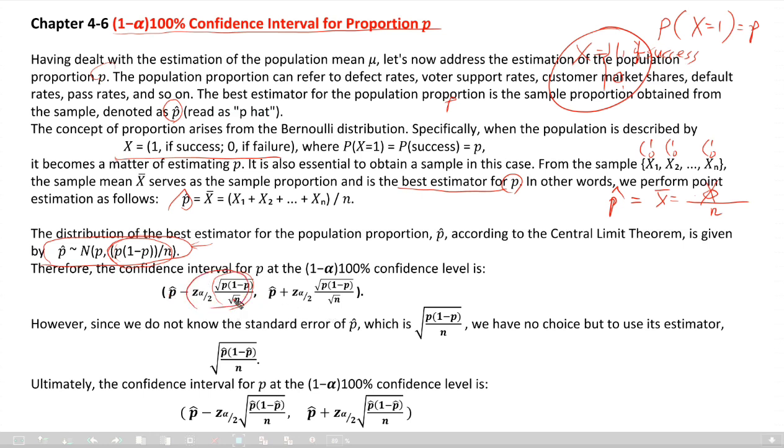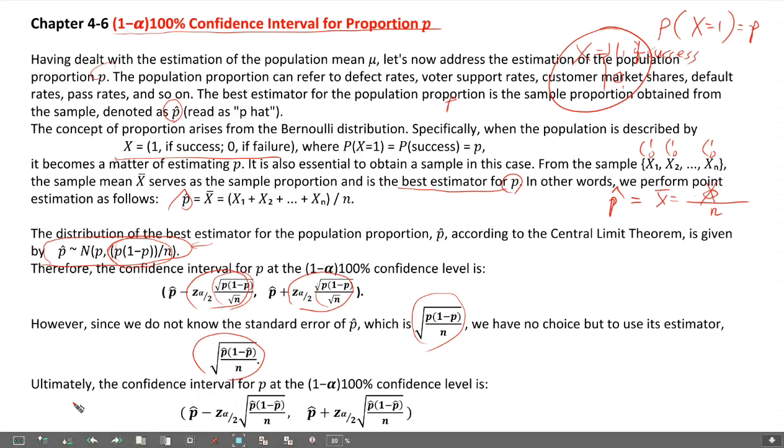Since we do not know p, we do not know the standard error of p hat. We have no choice but to use its estimator, just substituting p hat instead of p here.